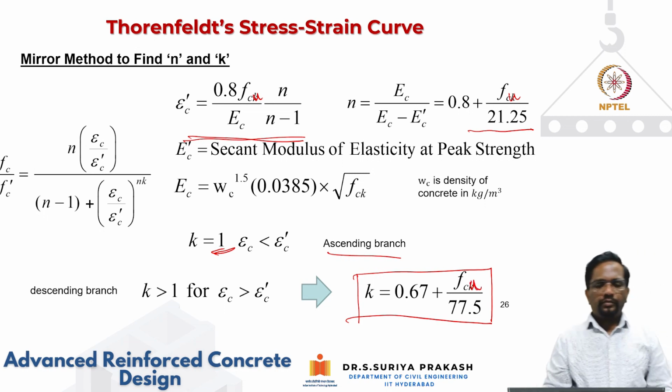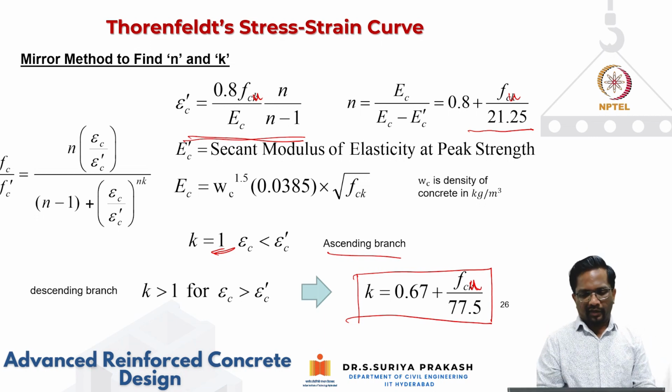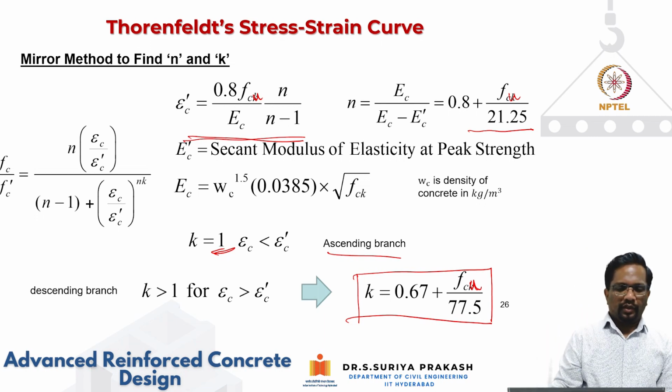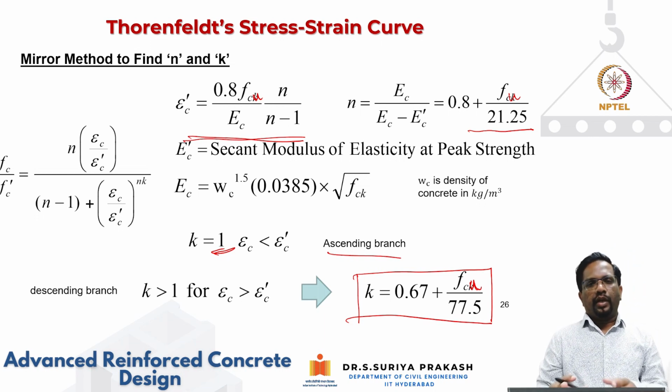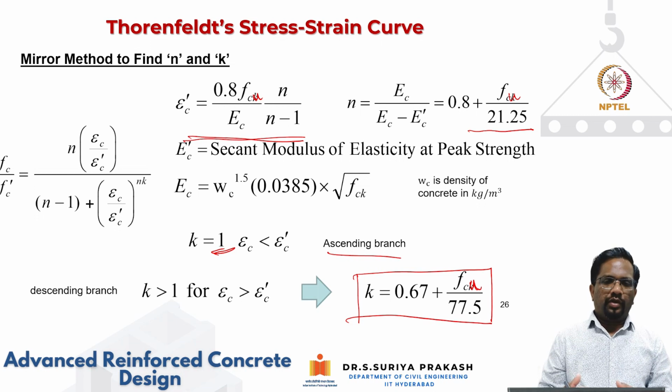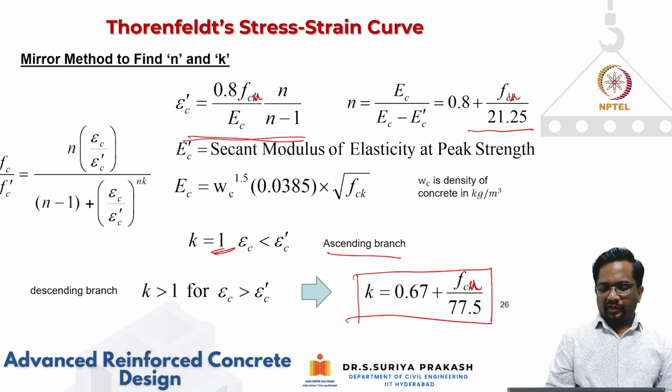There is a difference between cube strength and characteristic strength. We'll talk about characteristic strength in the coming slide. So this is a model which is widely used for getting the stress strain curve for concrete with strength higher than 55 megapascal or 50 megapascal.